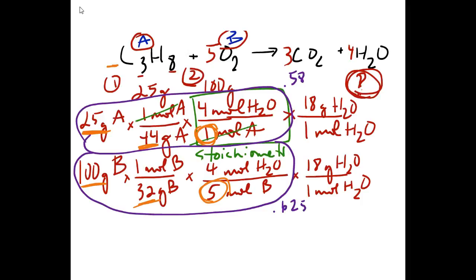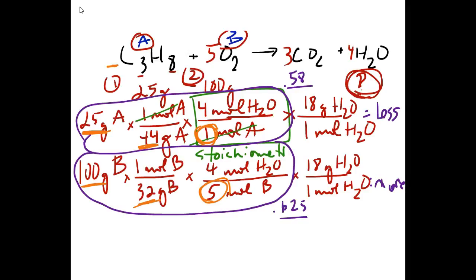So they're really close, but you can see that this, when multiplied by 18, is going to get a number smaller than this when multiplied by 18. Which means this makes less water and this makes more.